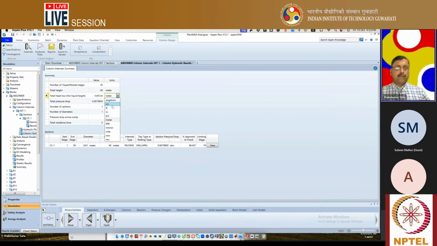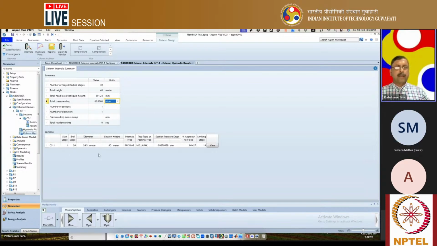I don't know how PSI or millimeter works. If you say it is 691 millimeters, I don't know whether it will be accepted as per the norm that you follow in your industry. But that's how it is. Total pressure drop will be 68 millibar. I believe it is within the limit.